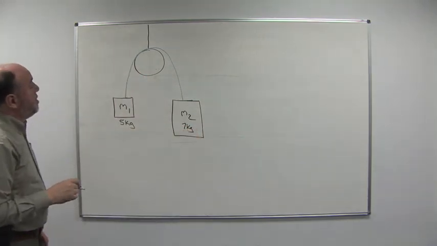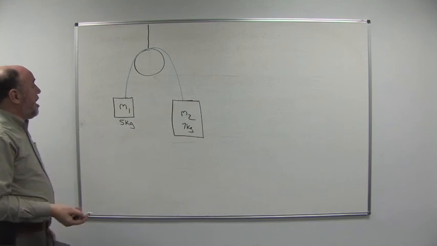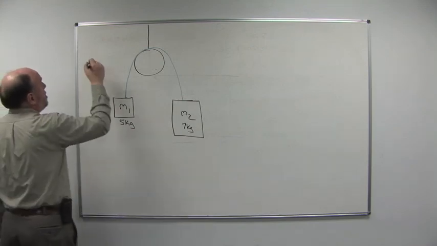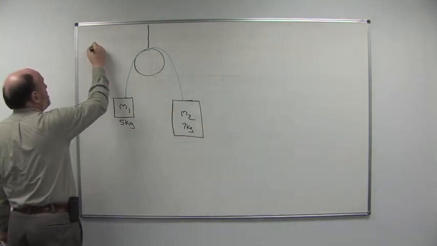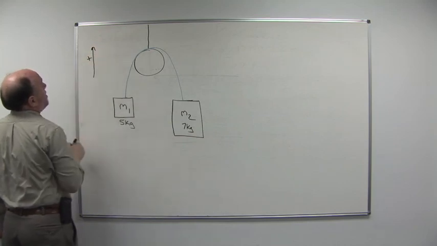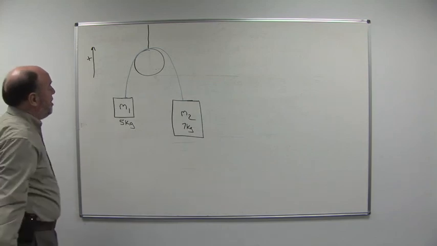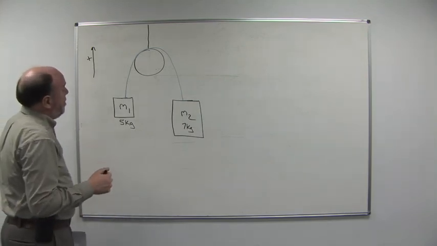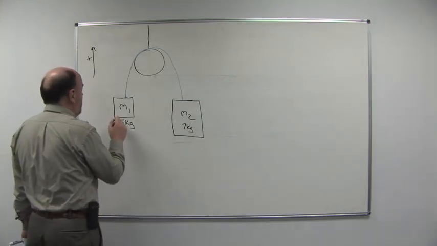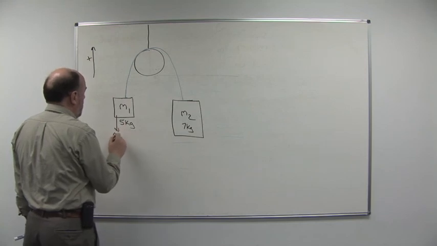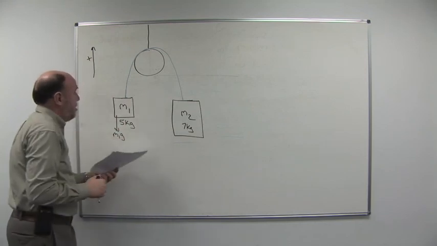Okay? And I want to know, well, what forces are acting on my system. So we're going to first set up a coordinate system, and we're going to say that this way is in the positive direction. So in terms of M1, there's going to be the weight down, okay?